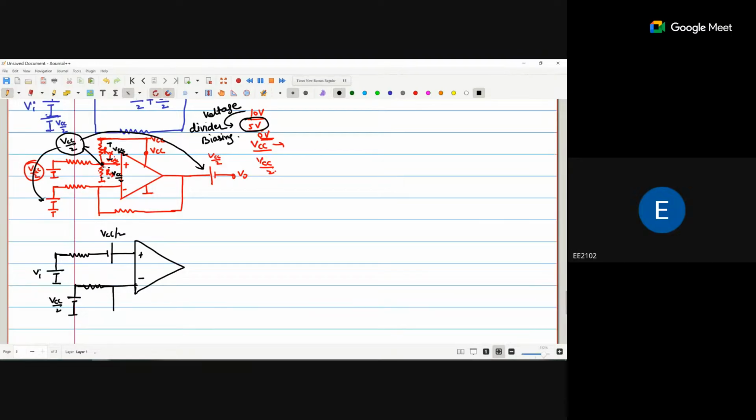There is one resistor, one resistor. Again, you require one battery. So you require a battery with the VCC by 2 voltage. This is the first option.